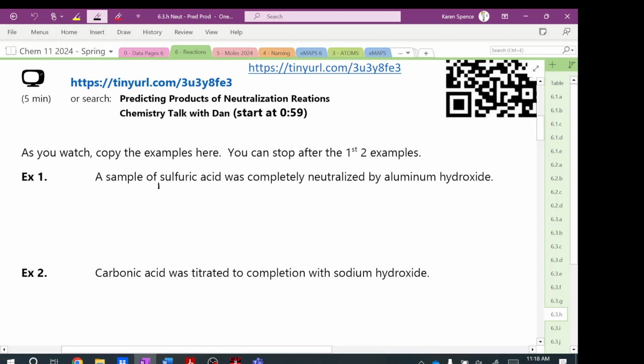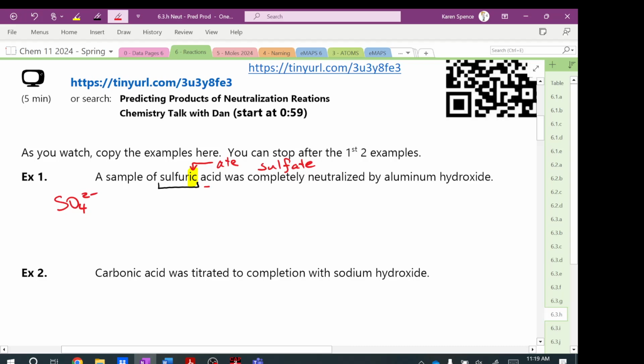We have sulfuric acid. If we have an ic acid, who is the ion? Something icky. I ate something icky. So that would be sulfate, and sulfate is SO4 2-.